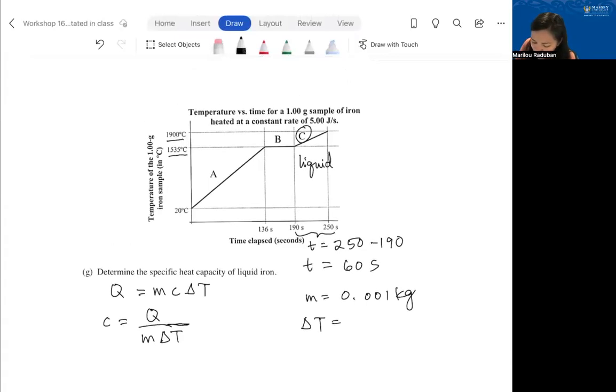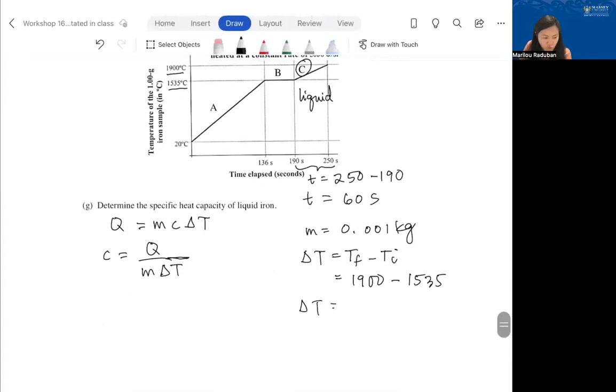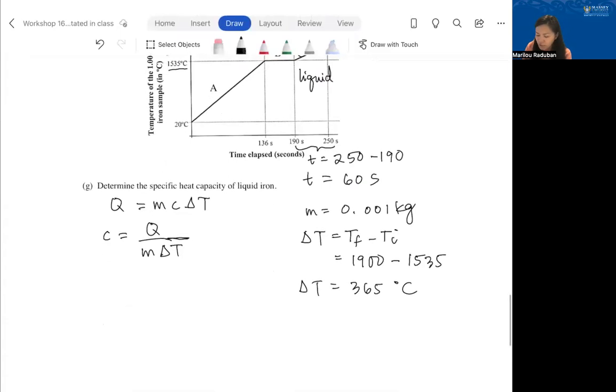The temperature changed from 1535 to 1900. Therefore, the change in temperature, T final minus T initial, is 1900 minus 1535. That's a change in temperature of 365 degrees Celsius. It's also 365 Kelvin for the change in temperature.